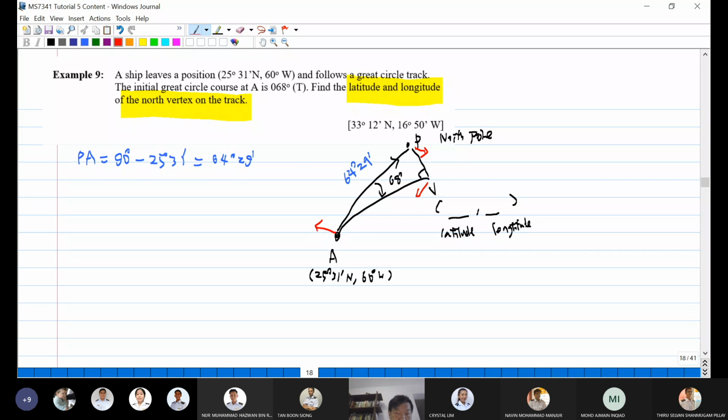So let's draw a Napier view first. In the Napier view, you have two parts on top and three parts at the bottom.